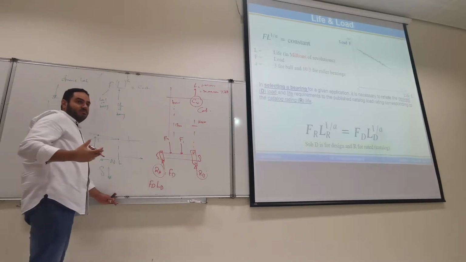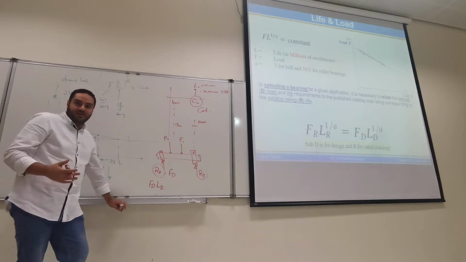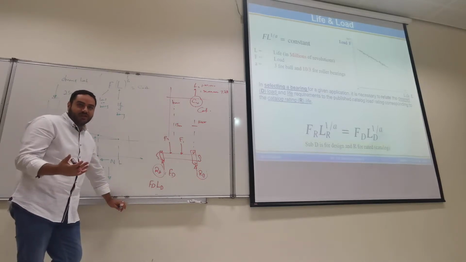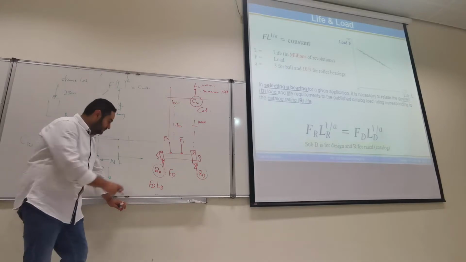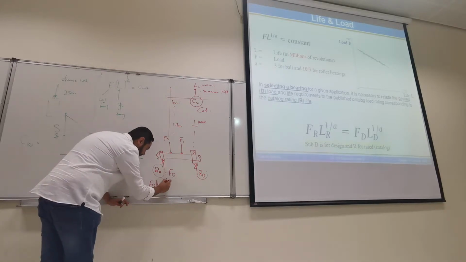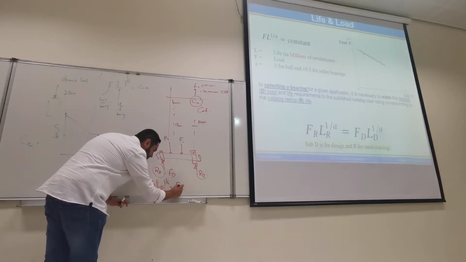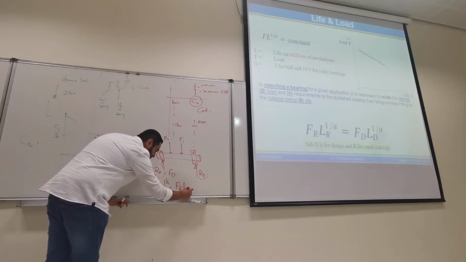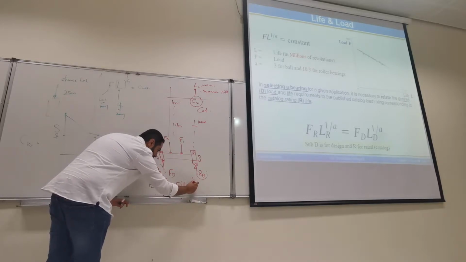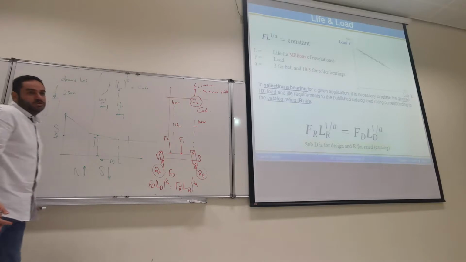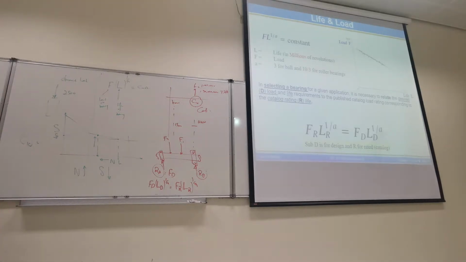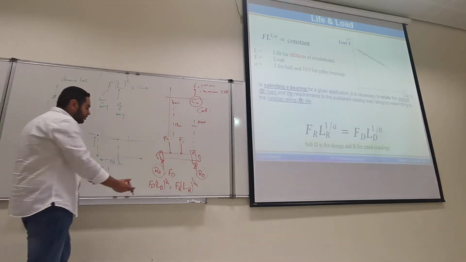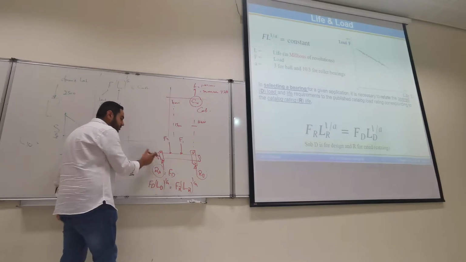So you need the bearing to live for 20 million cycles, 100 million cycles. How many cycles do you want the bearing to live? I set here the desired load times desired life to the power 1 over A should equal the rated load times rated life to the power 1 over A, because it's always constant. The desired load is the load applied to the actual system you are designing.